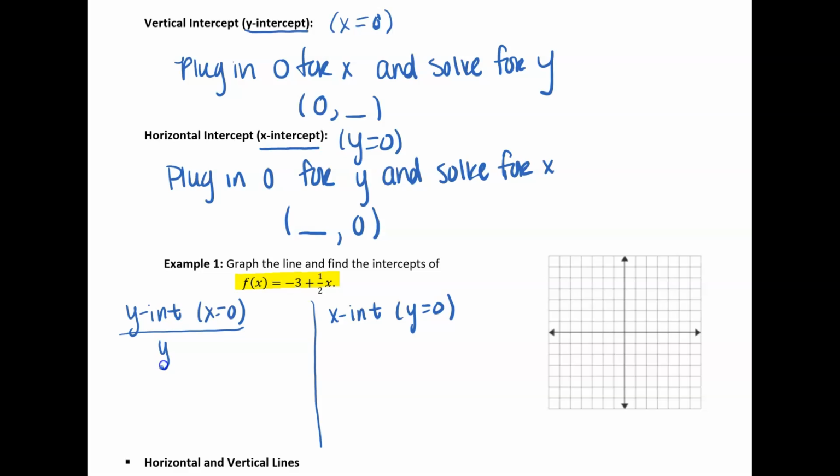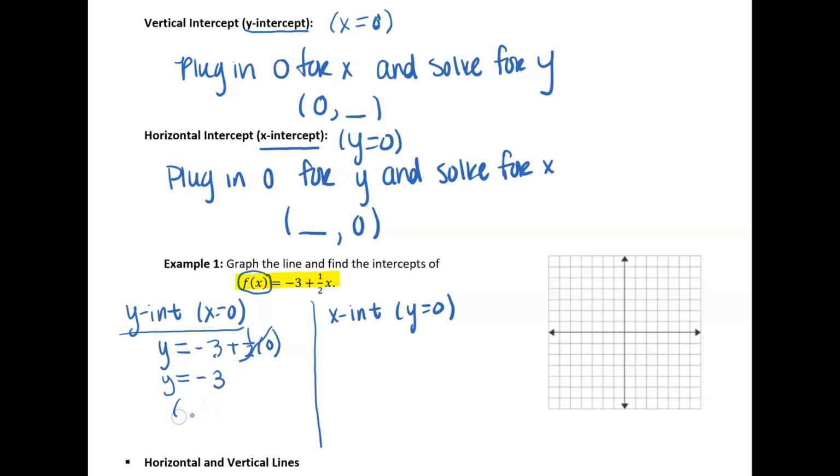I'm going to write this as y equal to, instead of f of x, I'm just going to use y, equal to -3 plus 1/2 times 0. Anytime I'm plugging in for a letter, you're going to see me write a parenthesis and a 0 there. That's going to help me with my arithmetic, make sure I don't mess anything up. Multiplying by 0 just cancels, so I just get y to be -3.